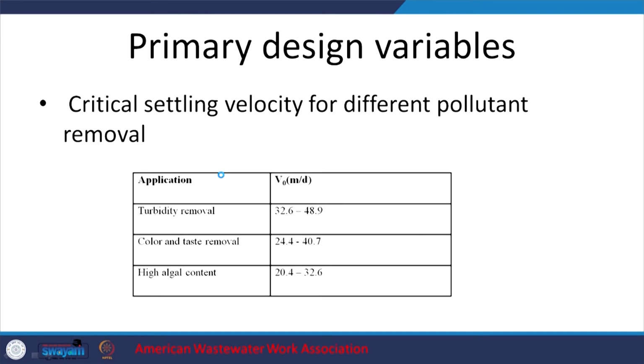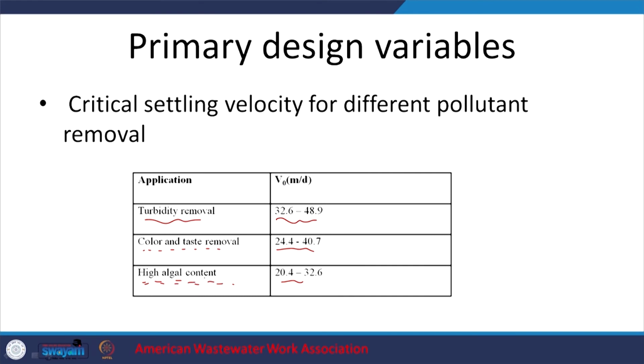So one is V naught, and let's look at it for different pollutant removal. If we are looking at only turbidity, this is the relevant value. If we are looking at color and taste removal and high algal content, we see that we are decreasing the V naught. That's something to keep in mind depending on the relevant density and such. So let's move on. Again, for algal content, you can look at removal by dissolved air flotation.